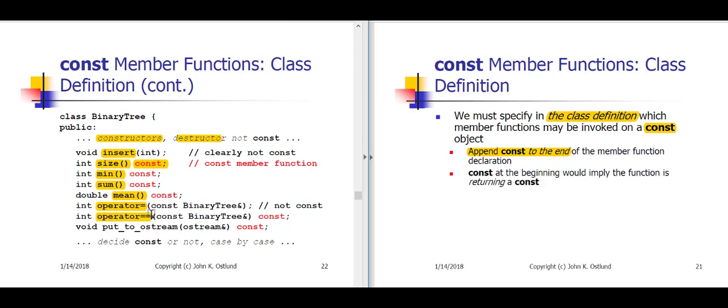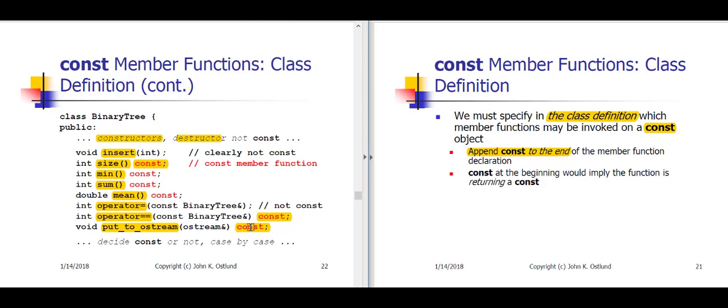However, the equality test operator, which is comparing the current binary tree object to another binary tree object, that is const because it does not change the current binary tree object. And here is good old put to ostream that we started this whole discussion with. Since put to ostream does not change the current binary tree object, it also should be declared const.